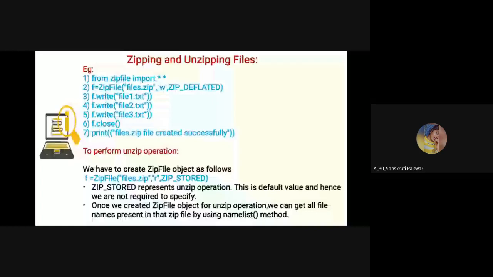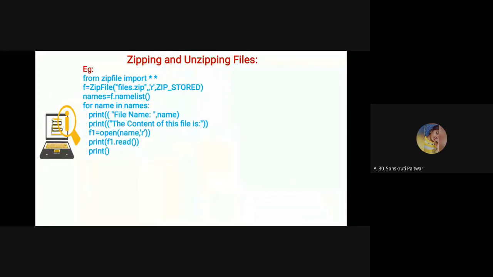So while unzipping, the different files stored in that zip file, we can print out, or display that content with the help of the unzip operation. You can see the code: from zipfile import *, then f = ZipFile files.zip.